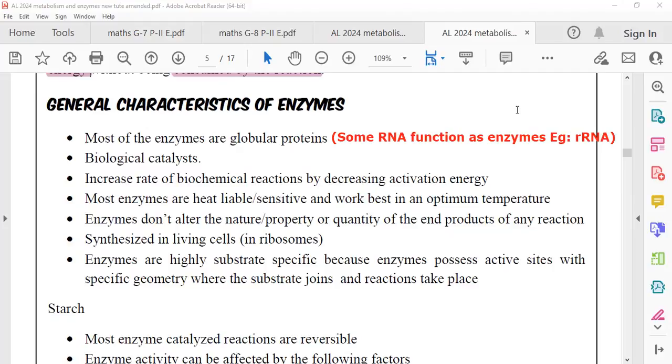Understood? To the starch plus water medium, if you put amylase enzyme, to get this 5 milligram maltose, half an hour would be enough.